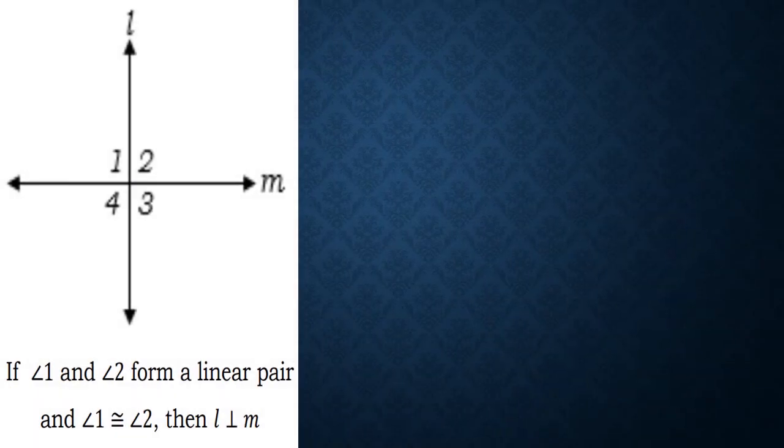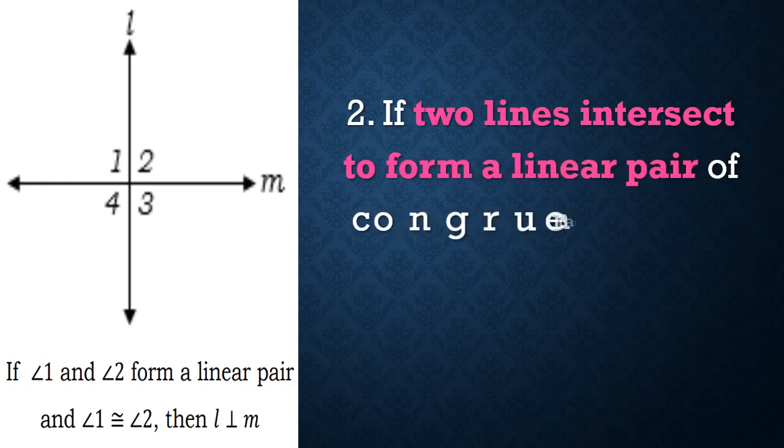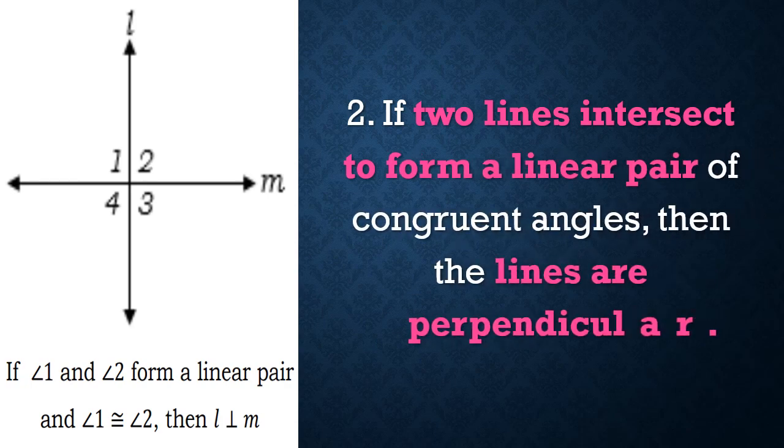The second theorem about perpendicular lines: if two lines intersect to form a linear pair of congruent angles, then the lines are perpendicular. Again, in our illustration on the left side, you can see angle 1 and angle 2 form a linear pair.